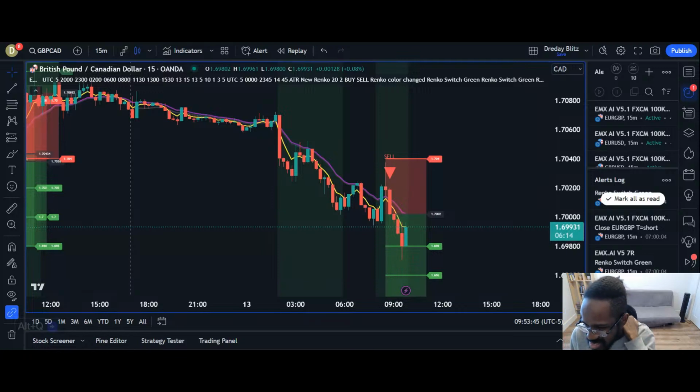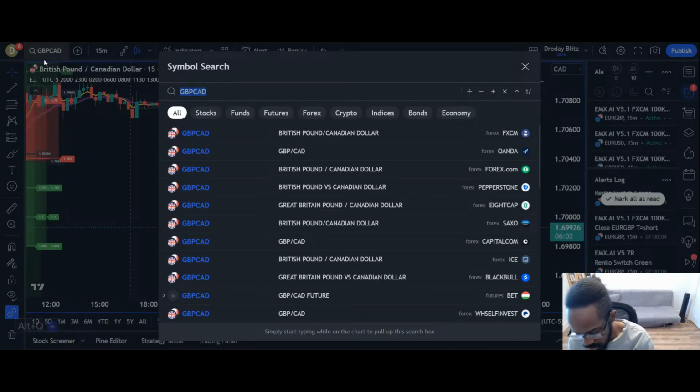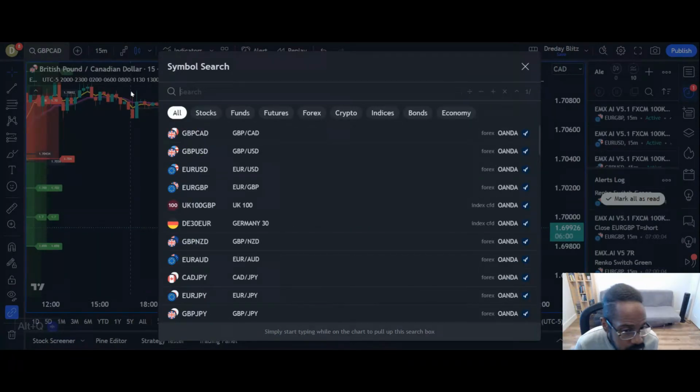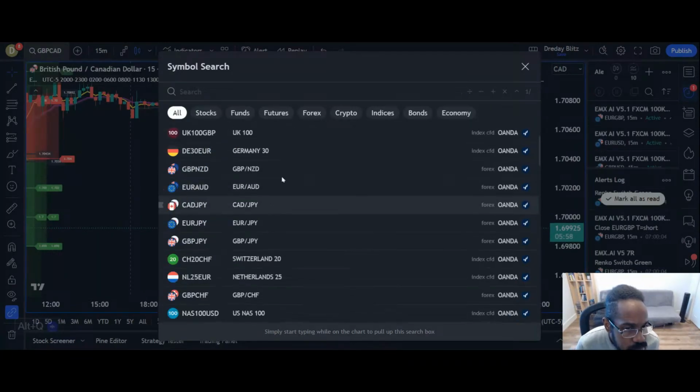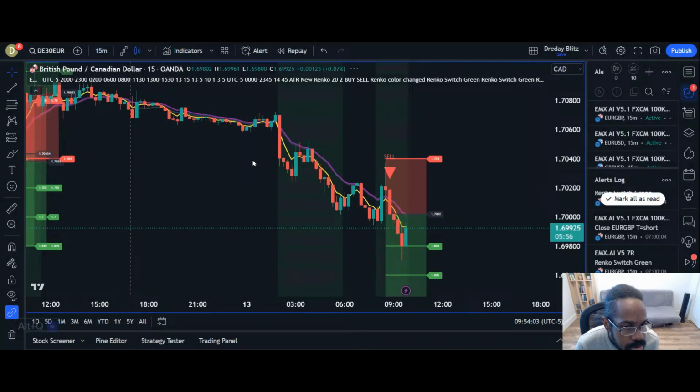DAX, yeah, DAX is still bullish in consolidation. Let's look at DAX German 40 or 30. There we go.